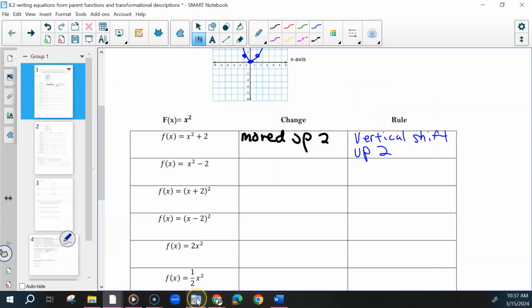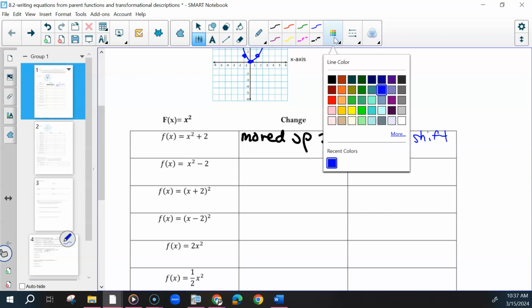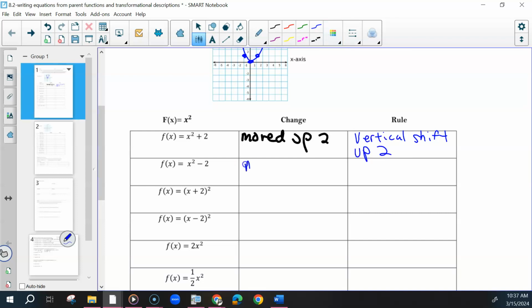So anytime we're moving up or down, that's vertical. So we can talk about how it changed what we see happen, but when we talk about the actual rule, we have to talk about these specific words. What type of transformation, what direction, and how much.